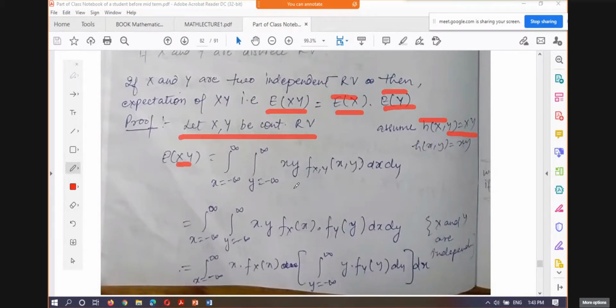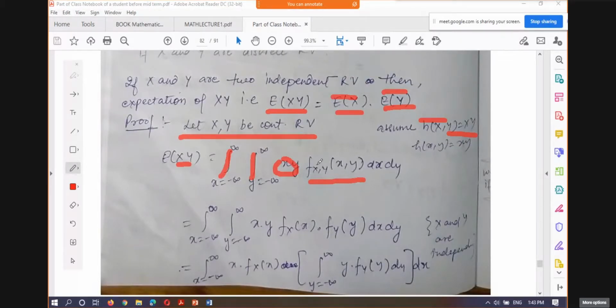Then, by the earlier definition, we integrate with respect to x from minus infinity to plus infinity, and with respect to y from minus infinity to plus infinity, h of xy for small x and small y, which is small x into y, multiplied by the joint density function of x and y.